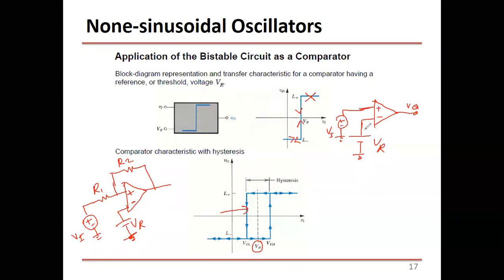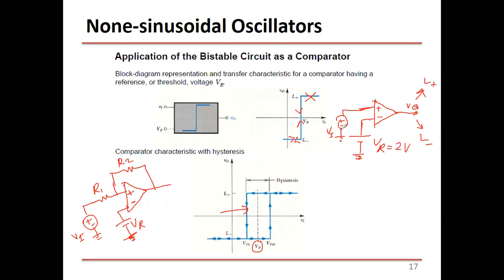So now the comparator works as follows. When the plus is higher than the minus, the output will go to L plus. When the inverting terminal is higher than the non-inverting terminal, the output will go to L minus. Now say V reference is 2 volts, for example.